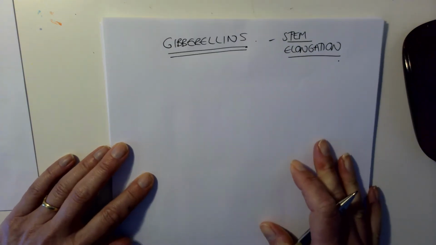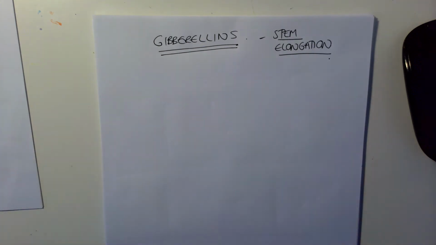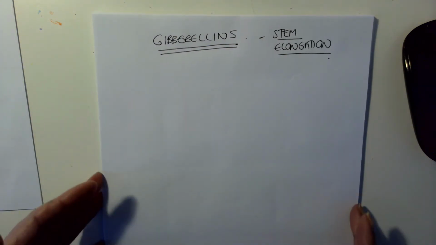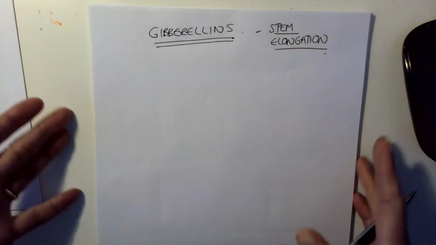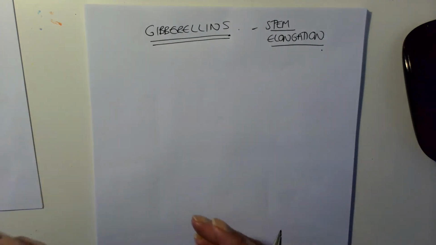They've been able to see this in nature where things have gone slightly awry, and there's a fungus that's taken hold of some rice plants and has been producing gibberellins in high quantities, and that actually caused rice plants to become extremely tall. And that gave them the idea that gibberellins were to do with stem elongation.